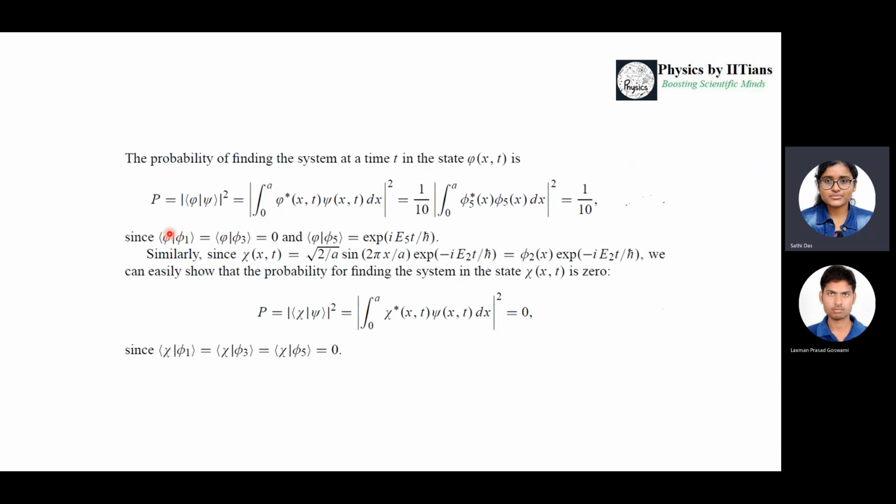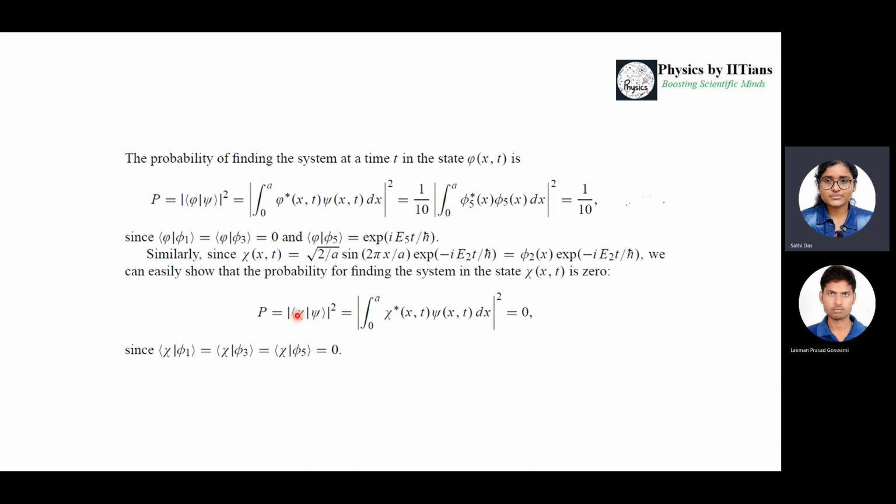Since the dot product with phi 1 is 0, with phi 3 is 0, and phi 5 gives only exponential i E5 t by h cross. Similarly for chi, the other wave function, you can simplify it as phi 2 of x times exponential minus i E2 t by h cross, and we consider the probability the same way as before, that is P equals mod square of bra chi ket psi.